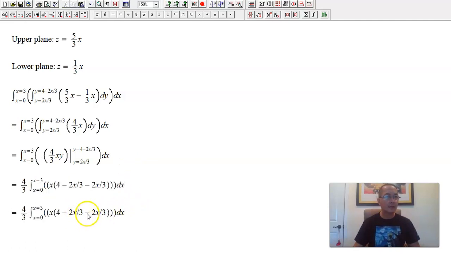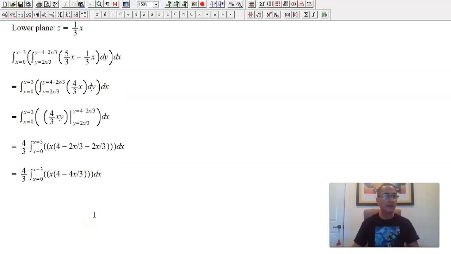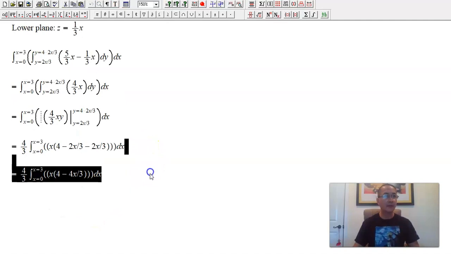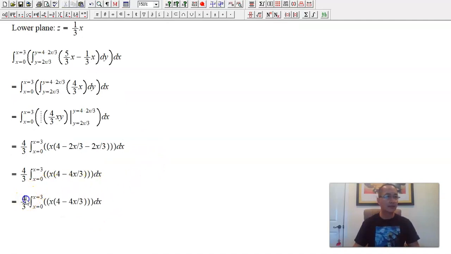So what do we have here? These two combine to minus 4/3 x. Oh, check it out. We can factor out another 4. So we have 16, and that's going to be 1 minus x over 3.